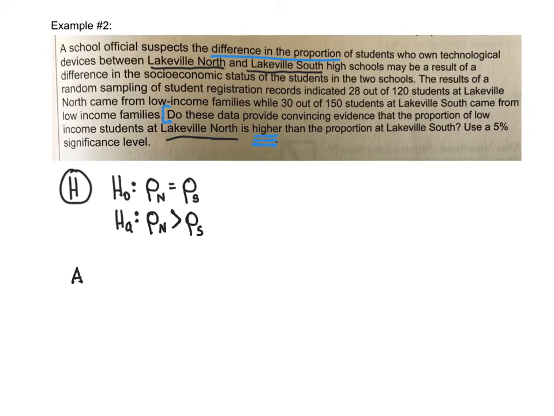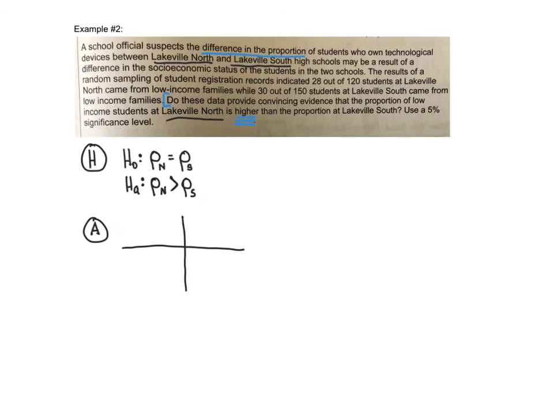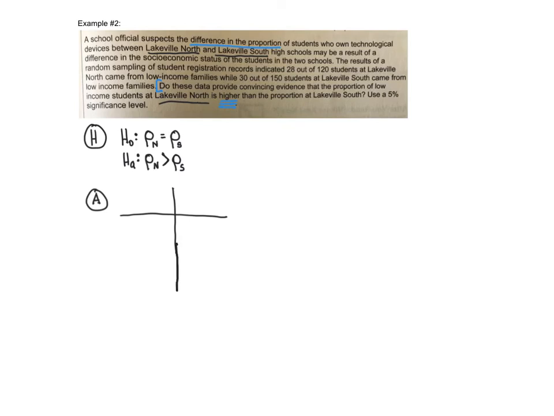All right, assumptions. This is exactly how I do my assumptions again. I like to do the little table form of assumptions, just so I'm keeping them separate. So I'm going to say North versus South. For North, I have to calculate this real quick.